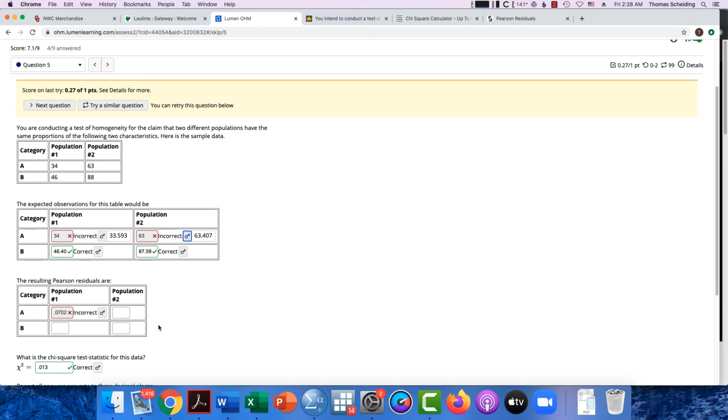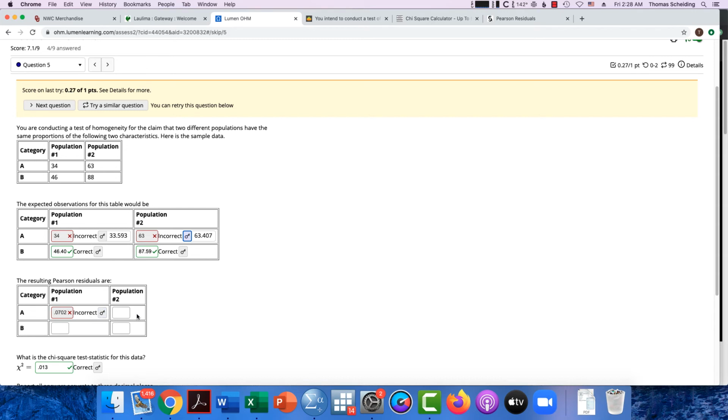Now, Pearson residuals, if I were making you in statistics calculate everything by hand, these Pearson residuals would be pretty important. But because I've made the decision already in this course that I'm not going to hold you responsible for calculating things by hand, you can ignore this.